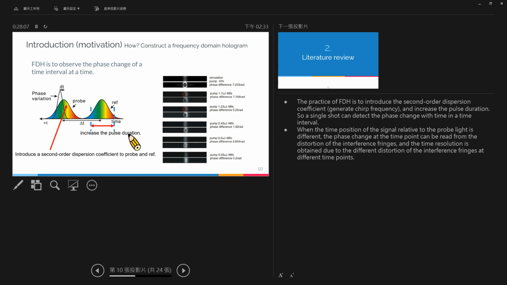What I'm asking is why there is a change of the phase of your pump. You're talking about the change of phase of the pump, right? You try to measure that. So what caused that change of phase? The phase is not in the original optical wave in free space, so it's in the medium.